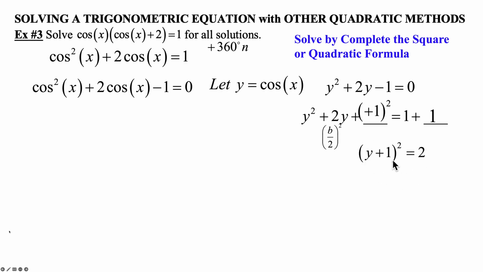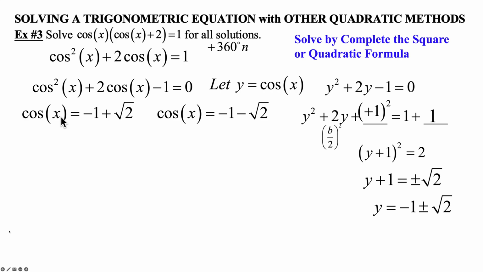And now we can solve for y. Take the square root of both sides, plus or minus the square root of 2. Subtract the 1 over, sneak it in front of the plus or minus. Then we'll take our y and change it back to cosine x. So here, this is not going to be our special right triangles. This is all about the calculator.